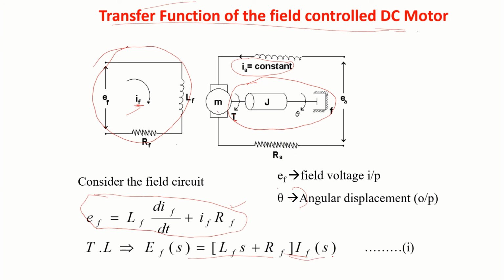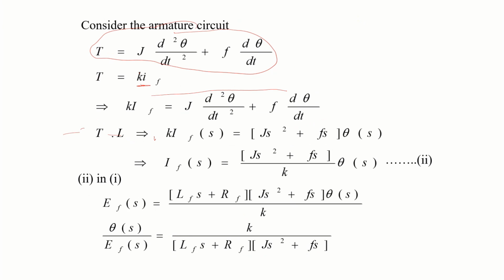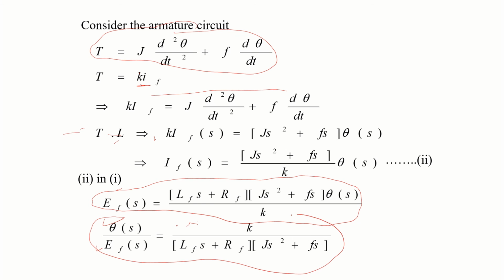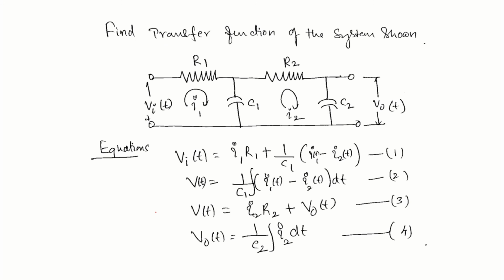When you substitute that, you will get E of s equal to this equation. Then the output is theta, input is E of s, and you will get this relationship. That becomes the transfer function of the field controlled DC motor.